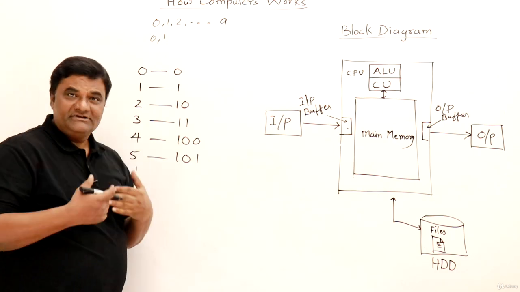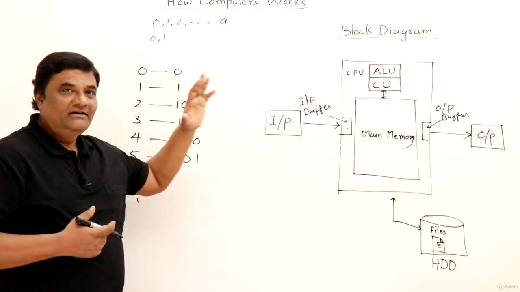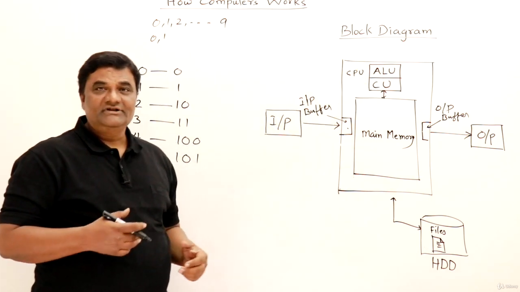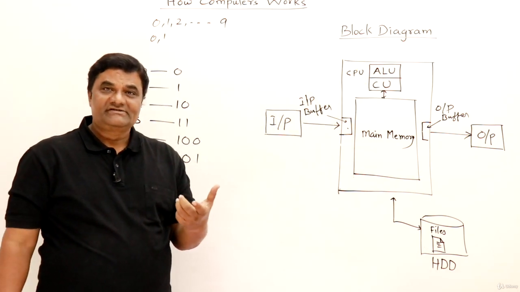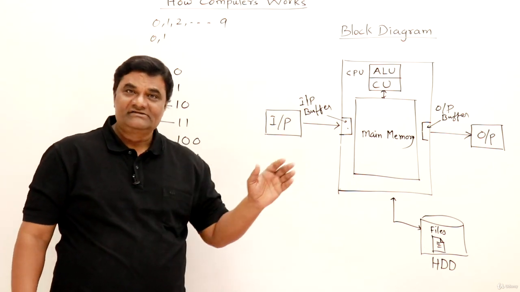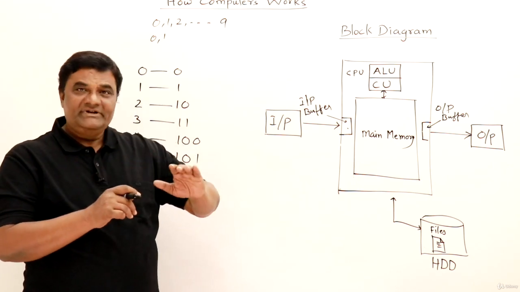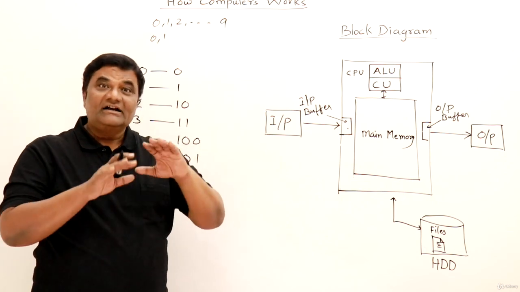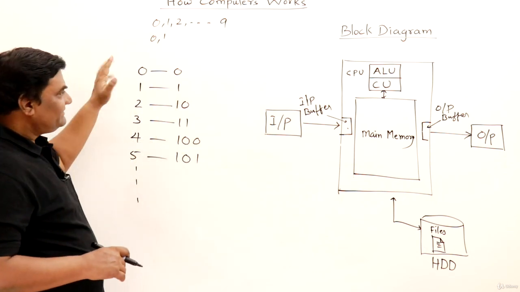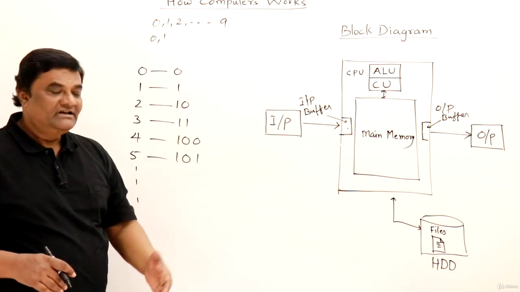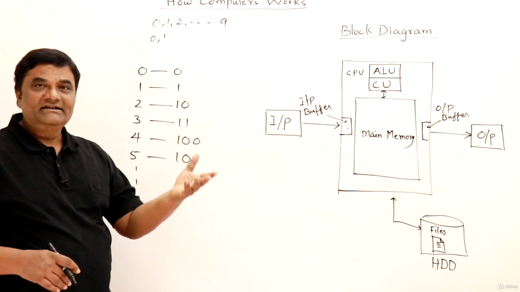Now, this CPU, or the arithmetic and logical unit, performs operations. It knows the instructions, it knows commands, like 0 means add. Suppose, assume that 0 means add two numbers, 1 means subtract two numbers, 2 means multiply them.